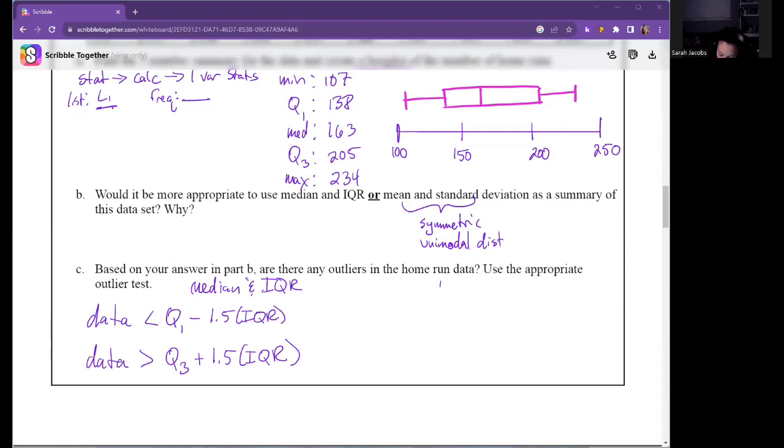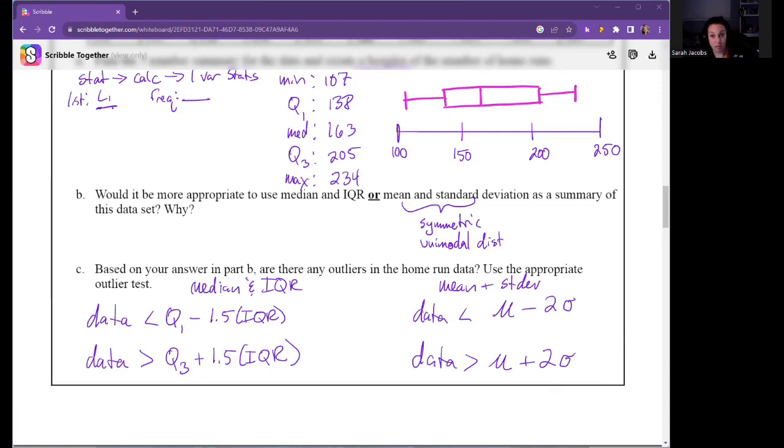If you're using mean and standard deviation, it's going to be data below the mean minus 2 standard deviations and any data that's above the mean plus 2 standard deviations.